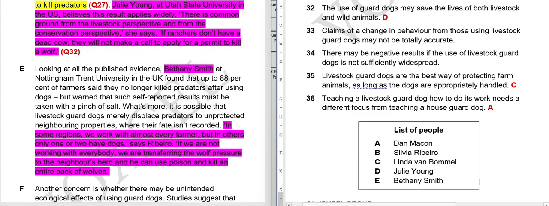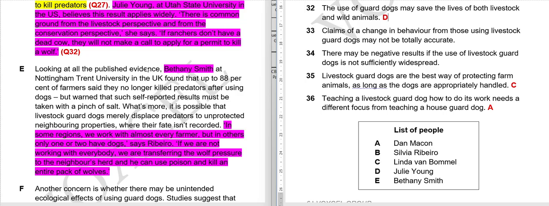Let's see what she says. This is Ribeiro. Bethany Smith. In some regions. This is Sylvia Ribeiro. Okay, we don't have to worry about her right now. We have to think about Bethany Smith.